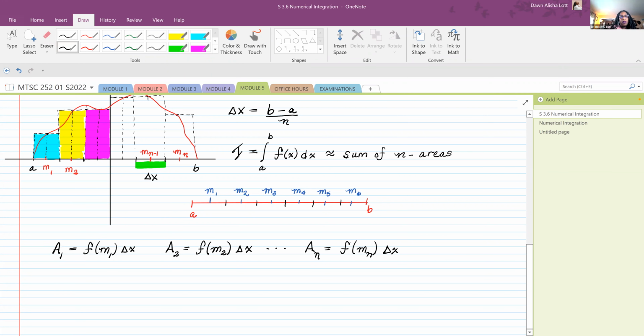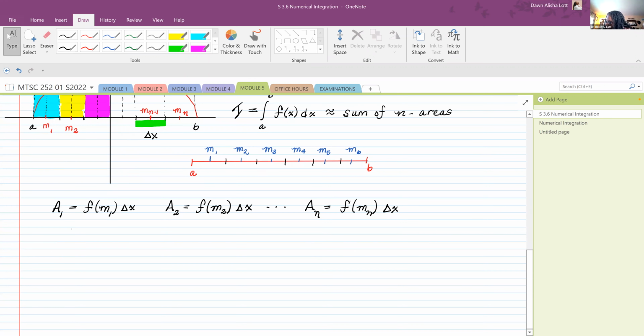Okay. So therefore, if we sum them up, that's going to be our approximation of the integral. So the integral from a to b of f of x dx is going to be approximately the sum A1 plus A2 all the way up to An.